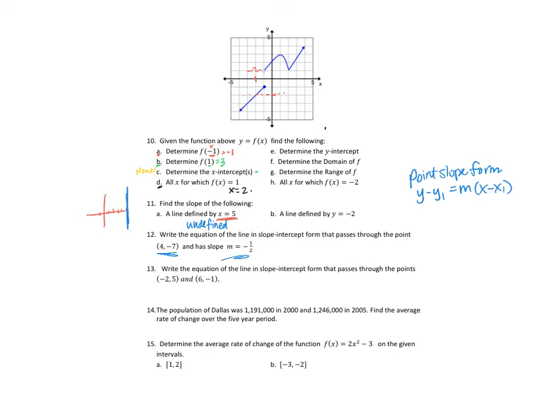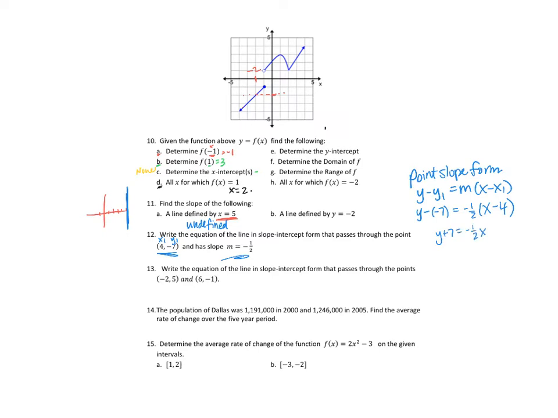And so my point here, this x1, y1, I can plug those values into my point slope form, and I can also plug that m in. So I'm going to have y minus -7 is equal to -1/2 times x minus 4. And then I can spend some time simplifying that. And so I get y plus 7 equals -1/2 x.